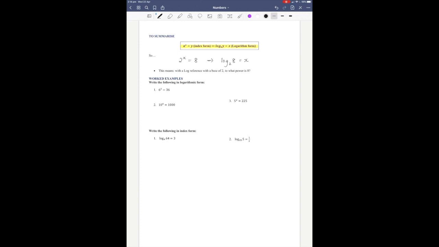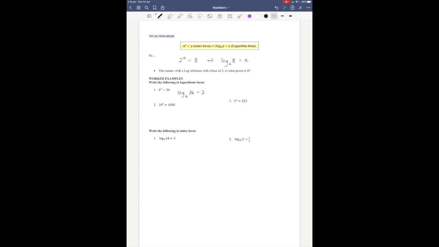So now let's have a look at the worked examples that I've got here. Let's start by writing the following in logarithmic form. I've got here 6 to the power of 2, we know is equal to 36. So let's write that as a log. I'm going to write log of 36 to the base 6 is equal to 2.